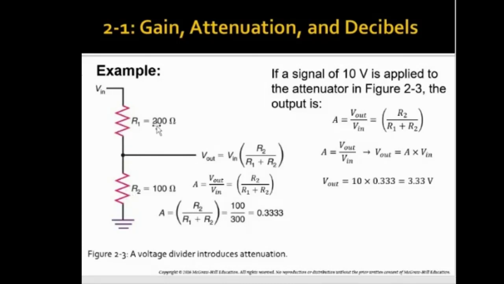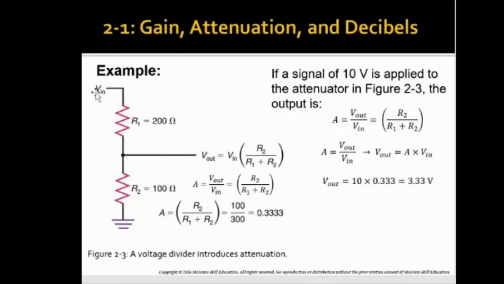The first resistor has 200 ohm, the second one has 100 ohm, and we can find the attenuation of this system. Of course, attenuation means we see what the output voltage is.